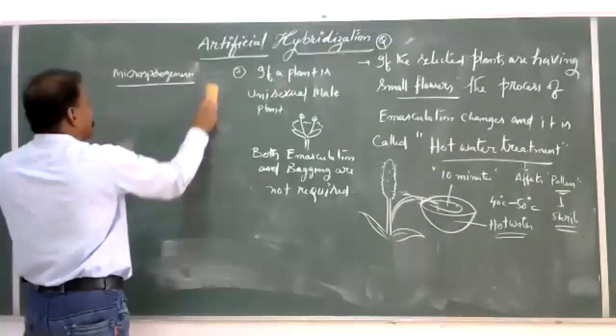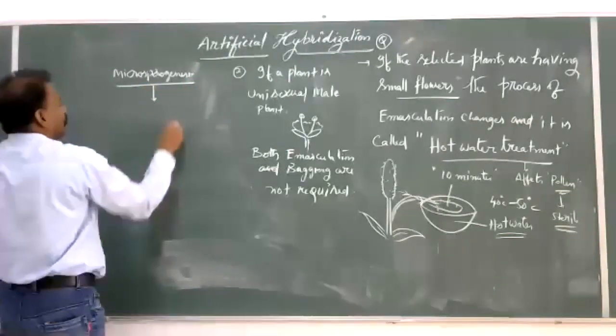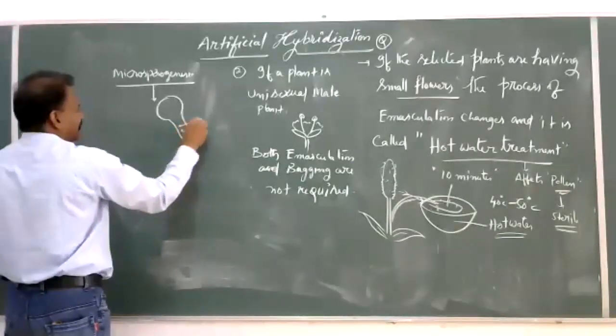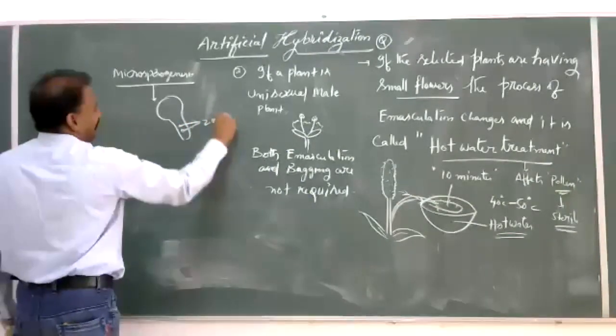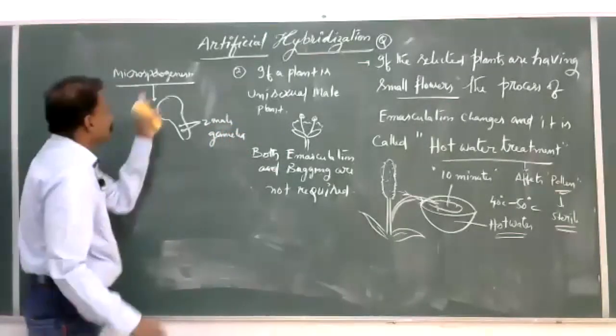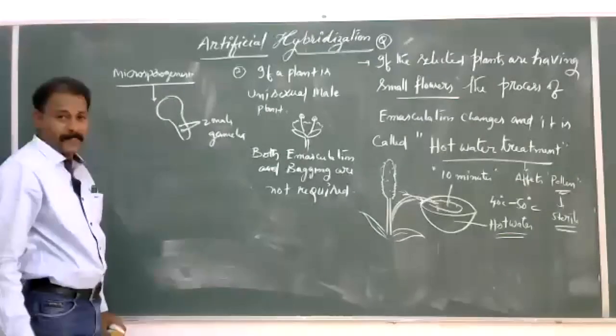Microsporogenesis and microgametogenesis lead to a pollen grain with two male gametes, so it is called the male gametophyte.